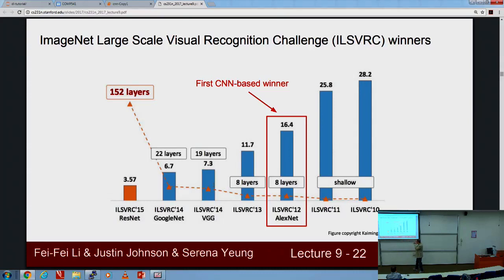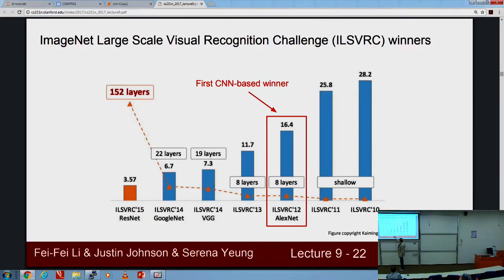This is the first convolutional net-based winner. In 2013, we had a variation on AlexNet, basically keeping the same number of layers and operations, but playing with the hyperparameters. They optimized it further and achieved another 5% reduction in error rate.